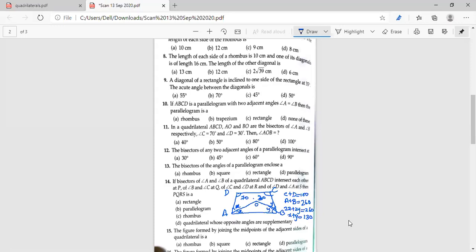So in triangle AOB, by angle sum property, angle O will be 50 degrees. X plus y, the sum of two angles, is 130, so therefore the left out angle is 50 degrees. Angle sum property. Clear? Yes, ma'am. Okay.